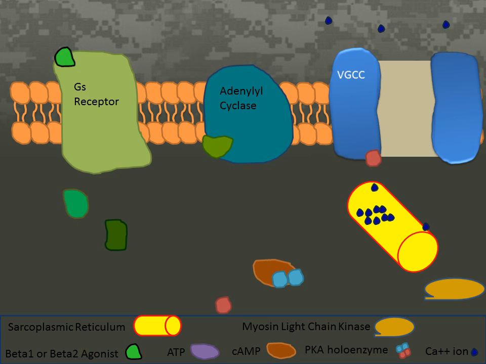This calcium is called the trigger calcium. The trigger calcium releases a greater amount of calcium from the sarcoplasmic reticulum into the cell's cytoplasm and binds with myosin, causing an increase in inotropy.